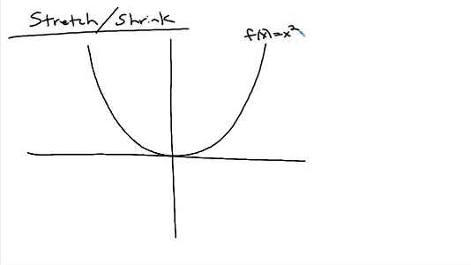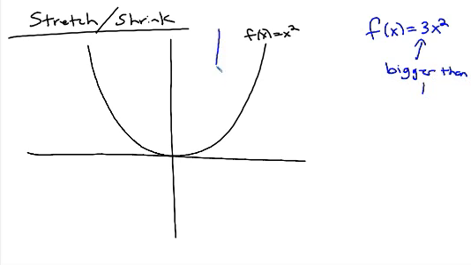Now what we haven't talked about is we could stretch this function, make it skinnier, by multiplying it by something bigger than 1, like 3x squared. If I multiply by something bigger than 1, it stretches the graph and makes it skinnier.